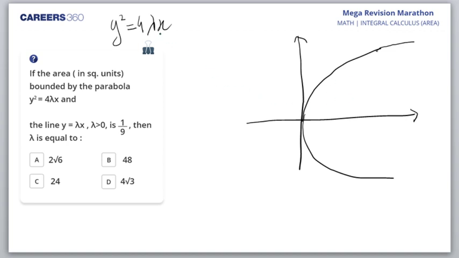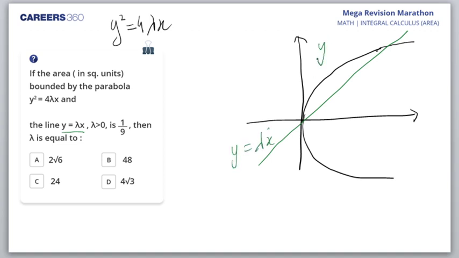This is y square is equal to 4 lambda x. Okay, Hemant? And the second line is y is equal to lambda x. Now y is equal to lambda x is a line which passes through the origin. And since lambda is greater than 0, the slope is positive. So it would be like this. This is the line y is equal to lambda x.